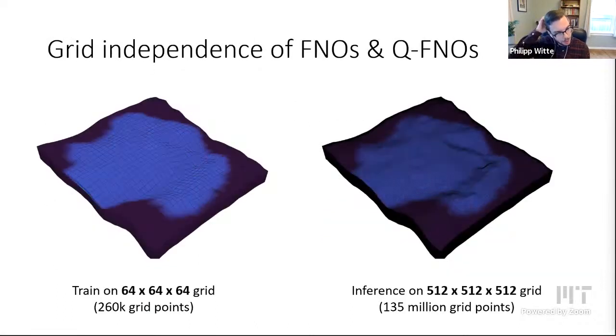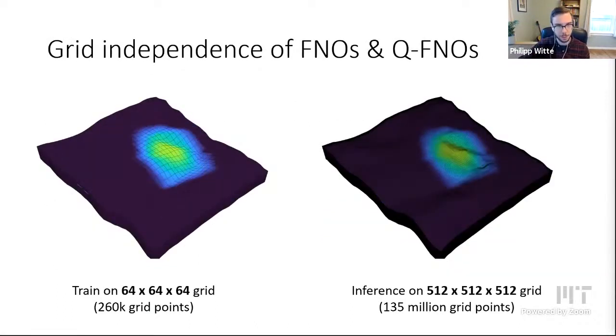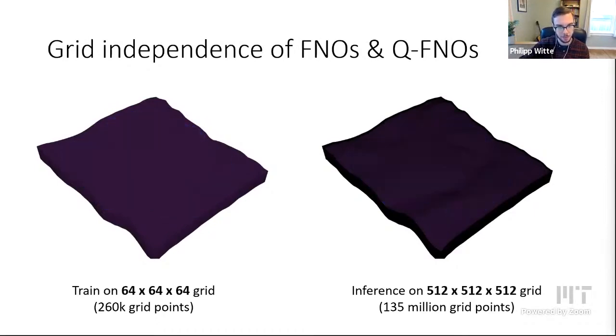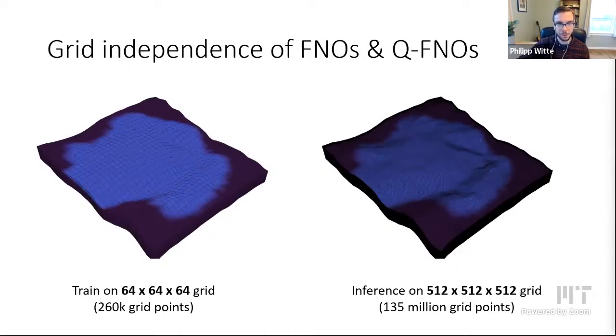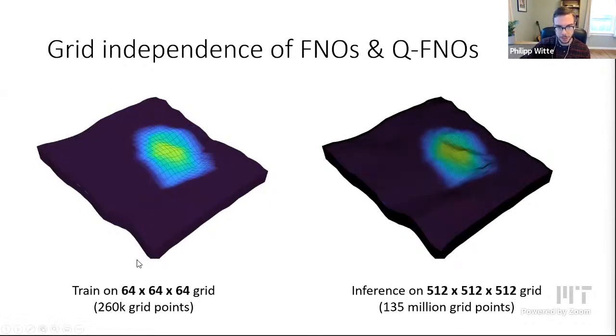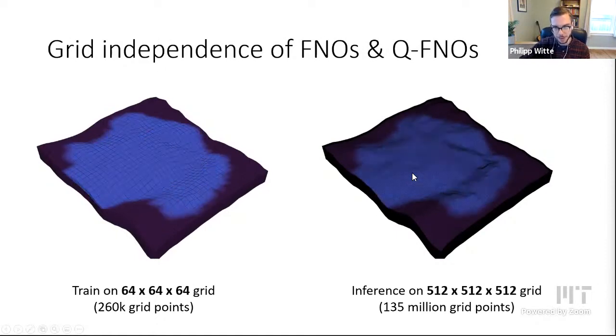And then just really quickly, I briefly touched upon this at the beginning, one of the big promises of the FNOs is that you can run inference on a different grid than the original training. In this example, we trained the FNO on a 64 cube, which is roughly 260,000 grid points, and then tried to scale it up as far as we can and ran inference on a 512 cube.